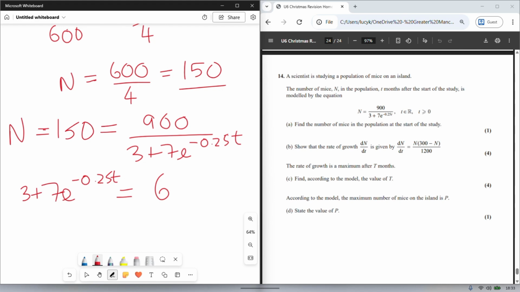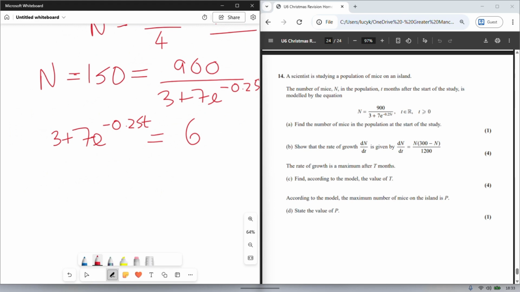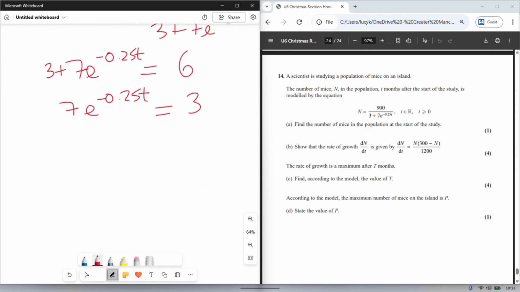And then we can subtract the 3. So that then gives me 7e to the minus 0.25t is equal to 3. And then it's just a case of getting to t, isn't it? So e to the minus 0.25t is equal to 3/7. And then we're going to log that and end up with minus 0.25t is equal to the log of 3/7.